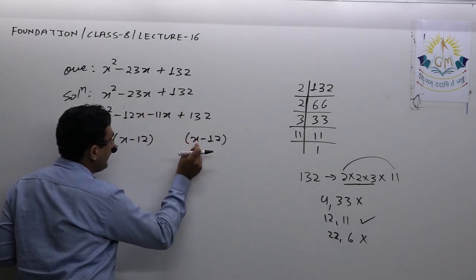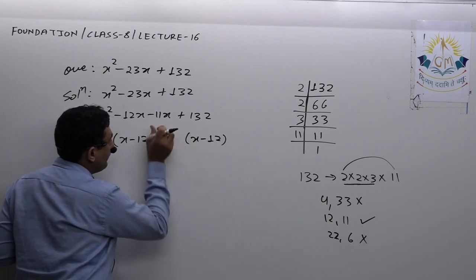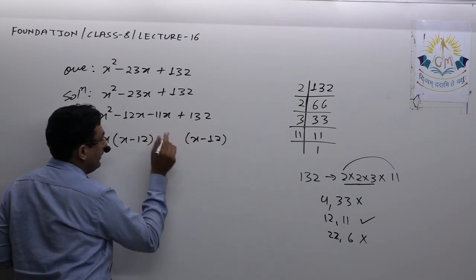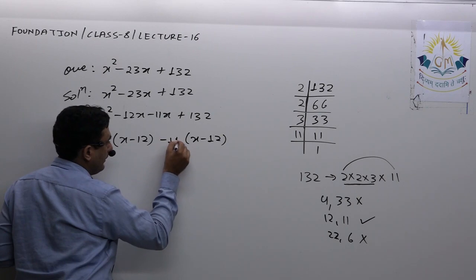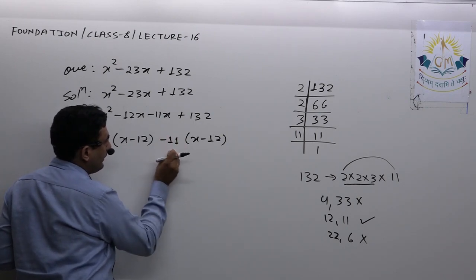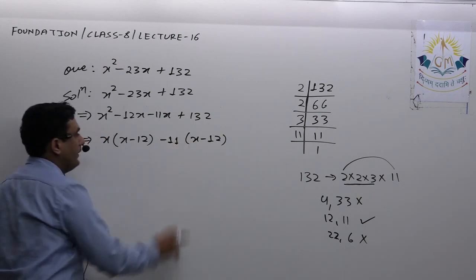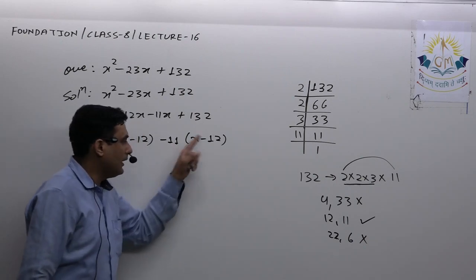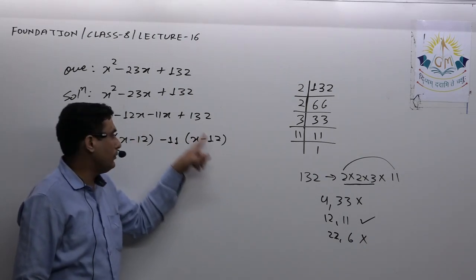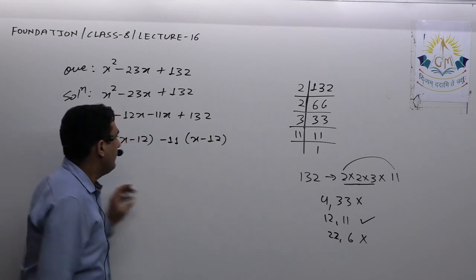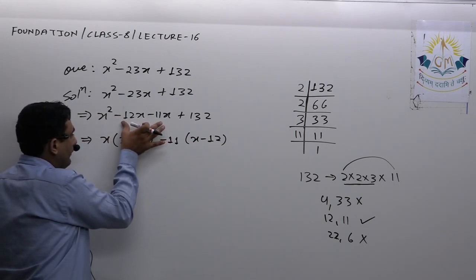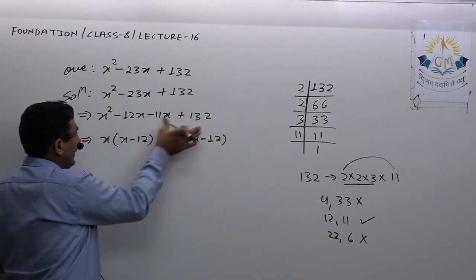I check what I should multiply with x so that I get minus 11x. The answer is simply minus 11. If I multiply minus 11 with x, I will get minus 11x, and definitely minus 11 multiplied by minus 12 will be 132.